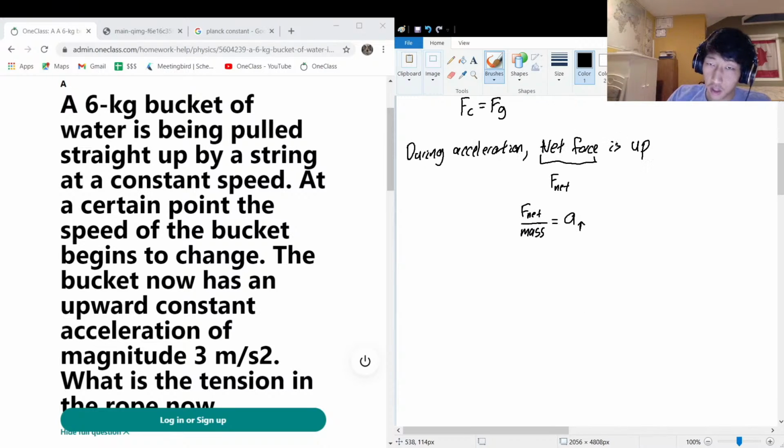Okay, so Fc is going to be the force of gravitation plus F net. Okay.